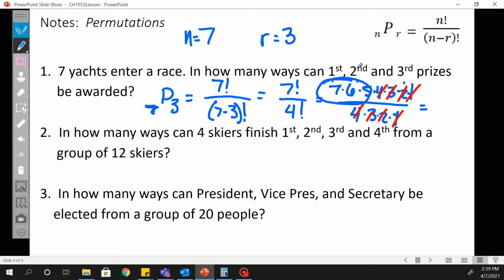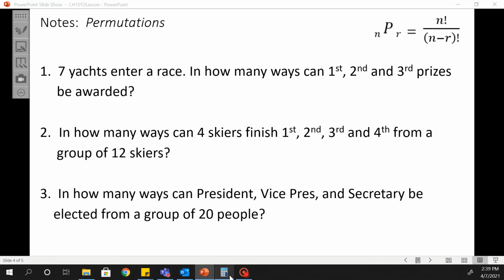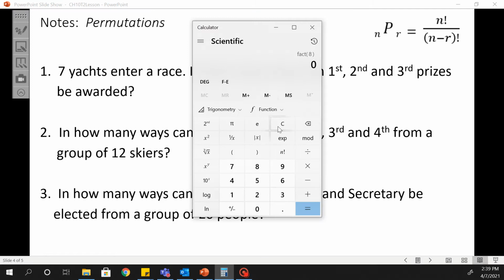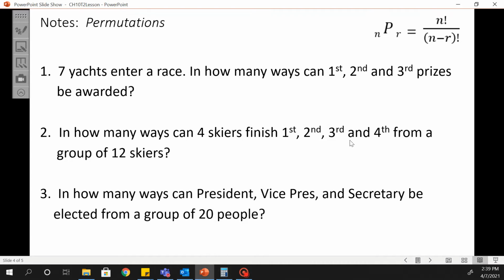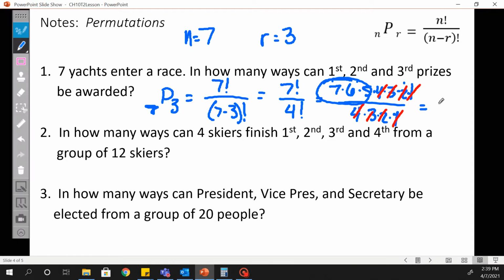It doesn't matter how you do this. So 7 factorial divided by 4 factorial is 210. So there's 210 ways to arrange three of those elements out of the 7.